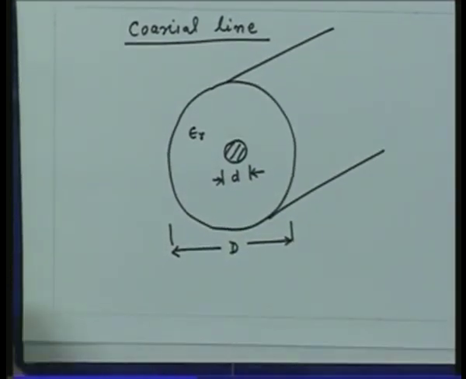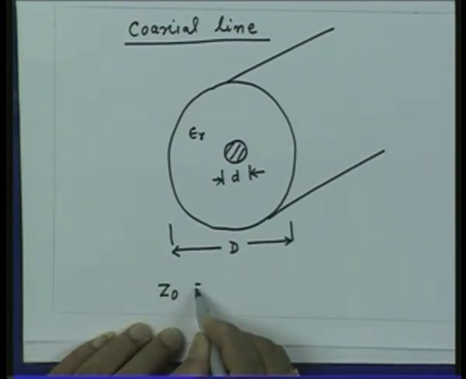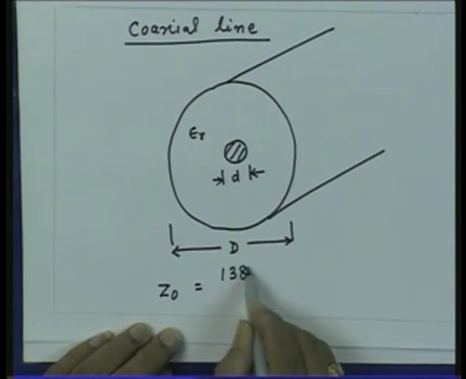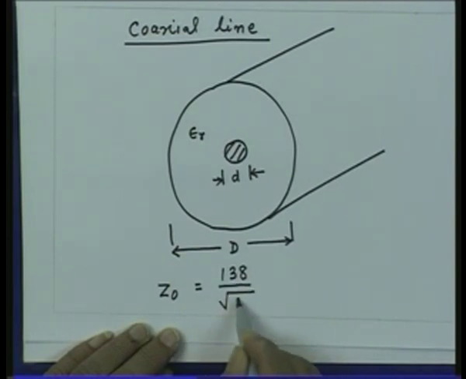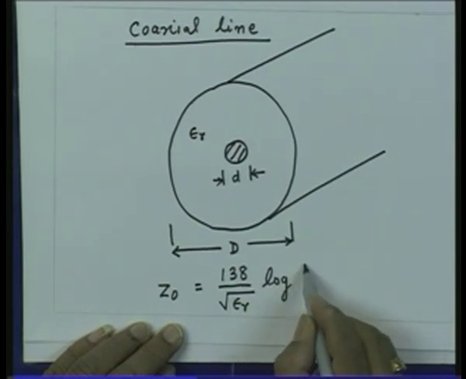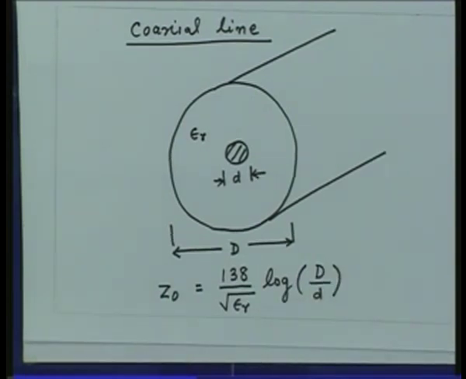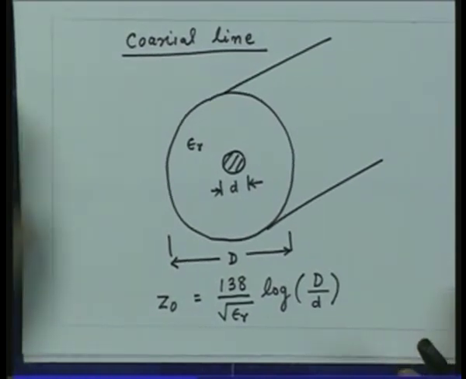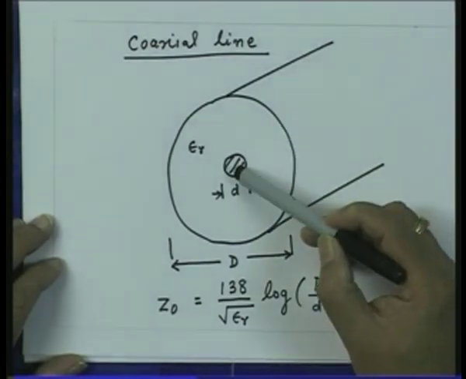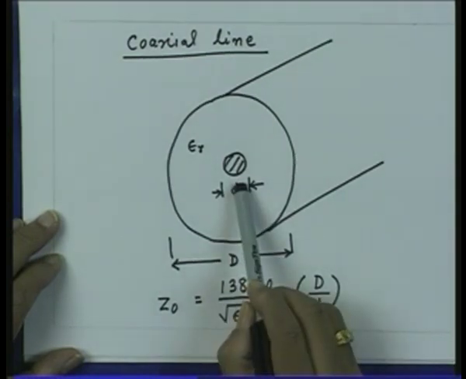The characteristic impedance of this structure, Z0, is equal to 138 divided by square root of epsilon r, log of D by d. So the characteristic impedance for a coaxial line depends upon three things: the ratio of the inner and the outer diameter of the conductors and the dielectric constant of the medium filling the coaxial cable.